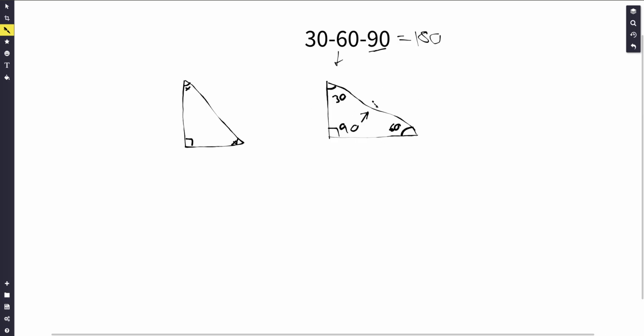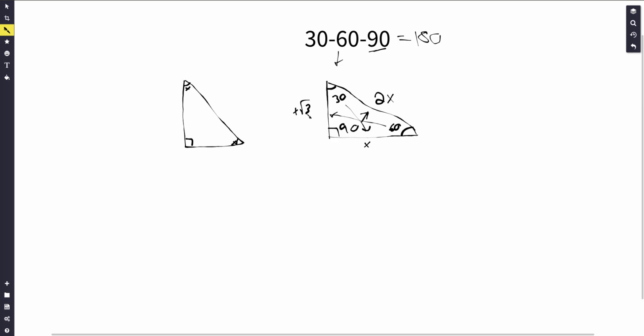Across the 90 degrees, the hypotenuse, this side length is going to be 2x. So it's 2 times the x value we have. And then across from this 30 is going to be x. And across from the 60 is going to be x root 3.